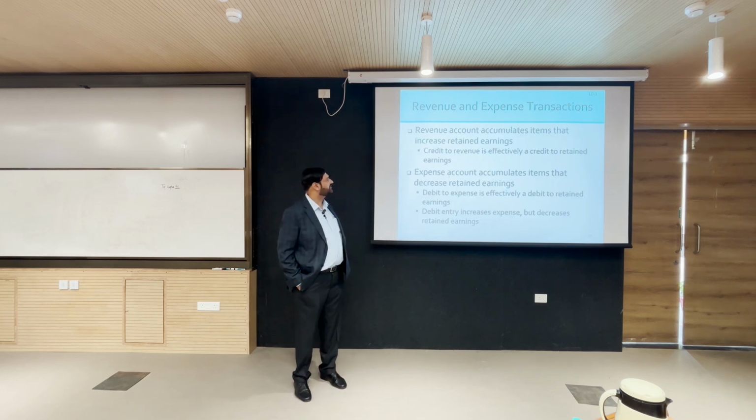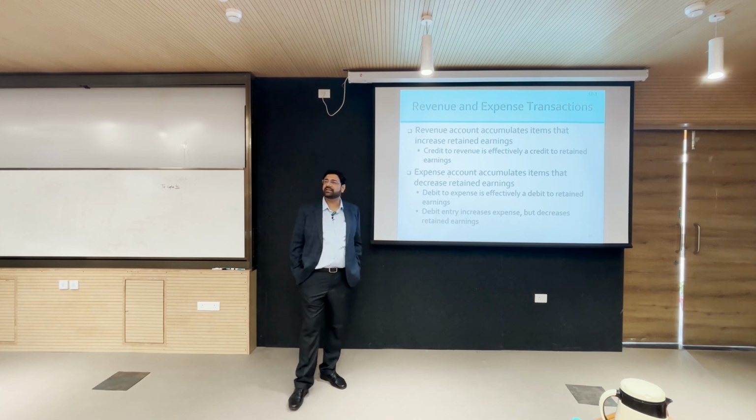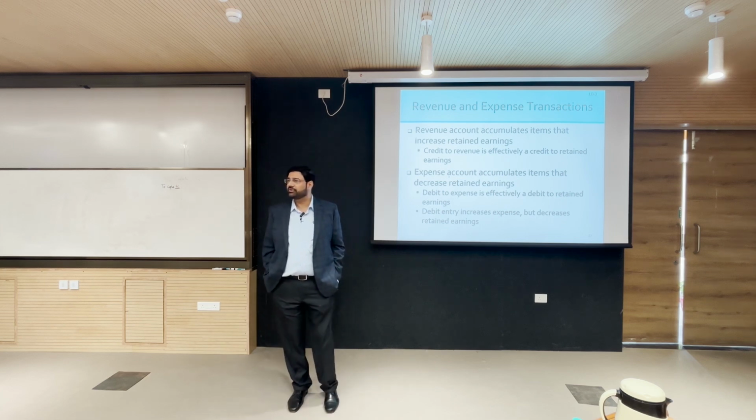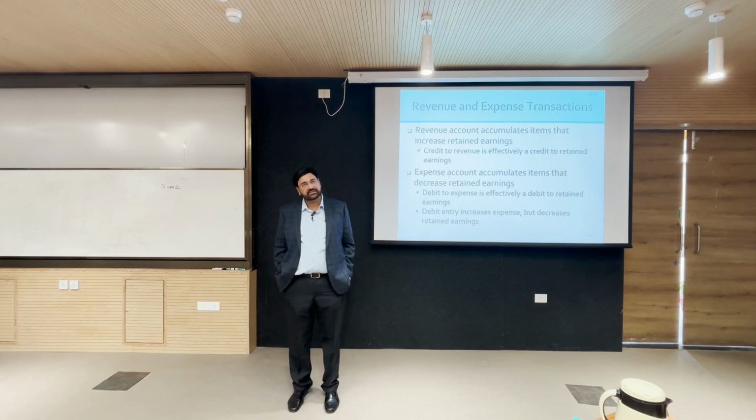And we already know that revenue increases retained earnings, or earnings. An increase in selling price increases profit. So, revenue increases retained earnings, and since it moves in the same direction as retained earnings, if retained earnings is credit, then revenue is credit. Expenses move in the opposite direction.